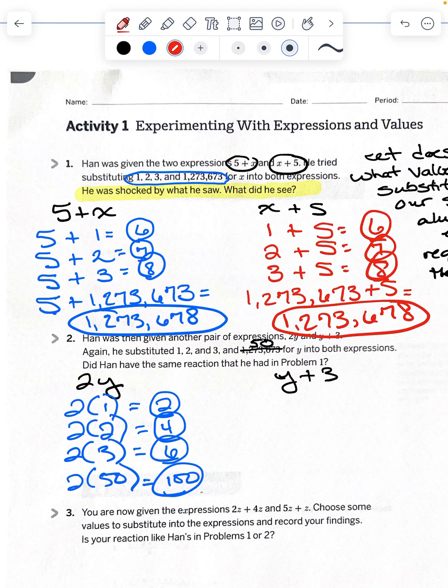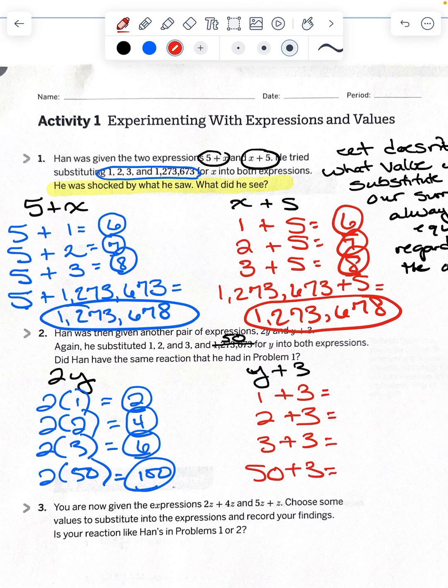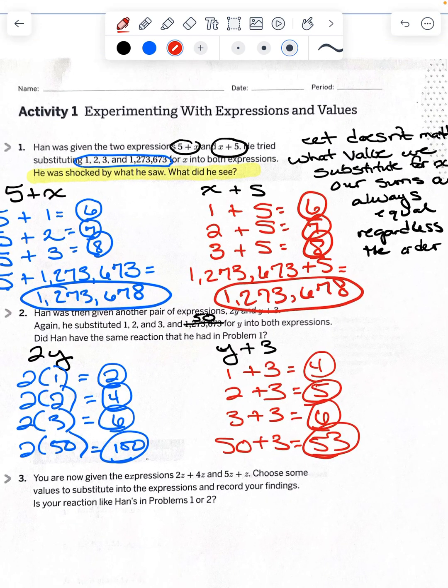And then we're going to use those same numbers for y plus 3. So we're going to substitute in 1 for y, 2 for y, 3 for y, and 50 for y. 1 plus 3 is 4, 2 plus 3 is 5, 3 plus 3 is 6, 50 plus 3 is 53. Okay. And then the question says, did Han have the same reaction that he had in problem 1?